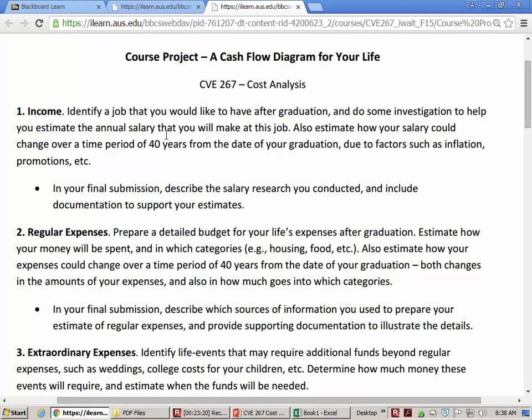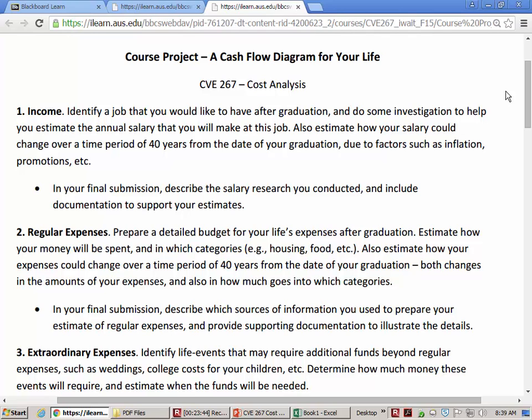Standardize it. So look at, number 1, what would be your starting salary after you graduate, but also how your salary can change over time. Because people get cost of living adjustments, which is a raise just to keep pace with inflation. And so even if you don't get promoted, hopefully your company will give you a cost of living adjustment, because the prices are always going up.